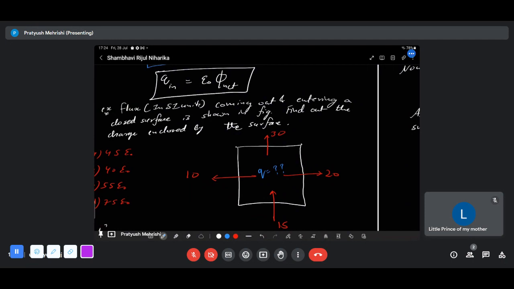Yes, solving it. What is the answer? Not that much time is required. This question is easy. Flux coming out and entering a closed surface is shown in the figure.